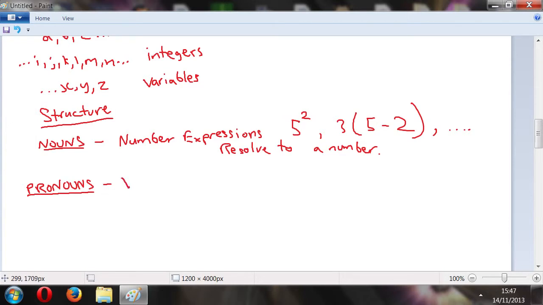So these are going to be variable expressions because they're describing what's going on, but they're not explicitly stating it. So we could say 3x, 5b, ac, y squared.